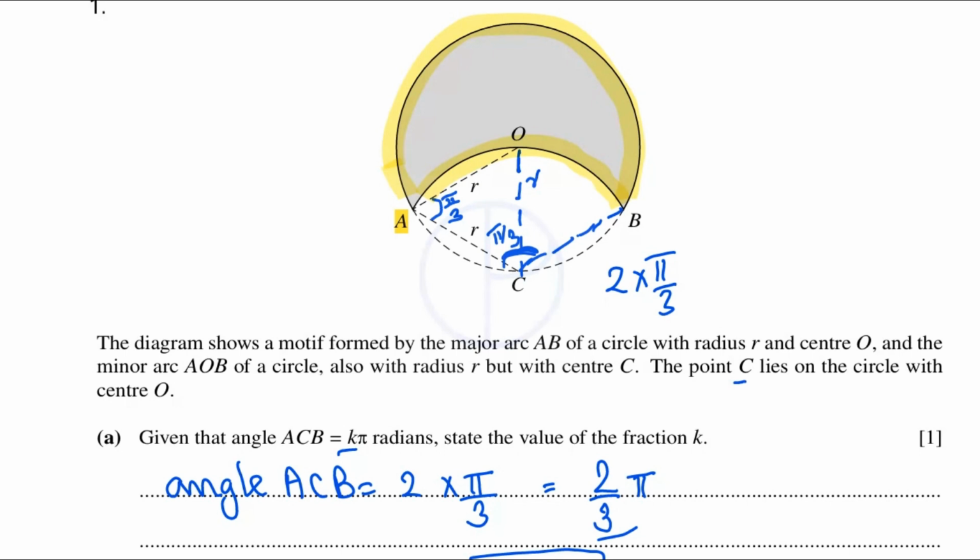We know the arc length formula is r theta, and the radius here is r.